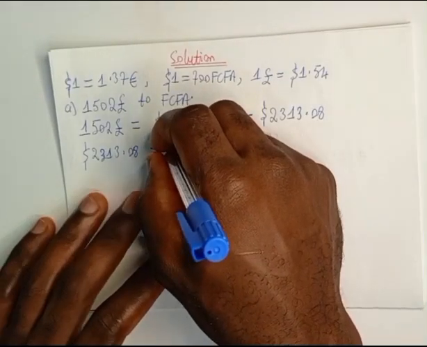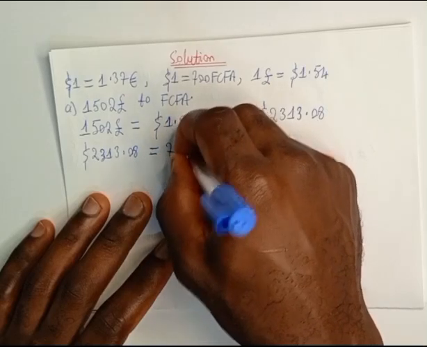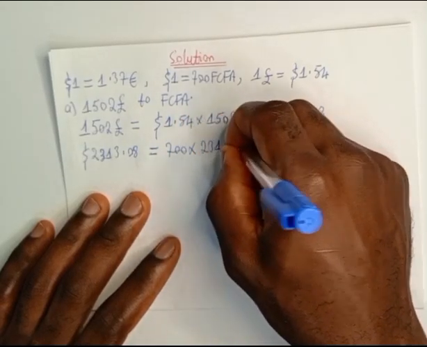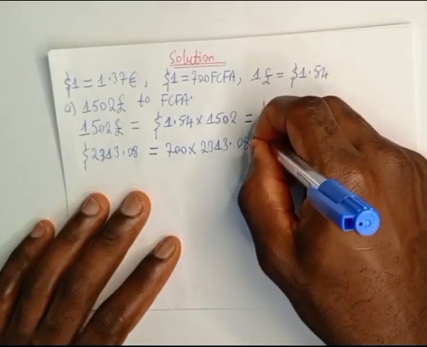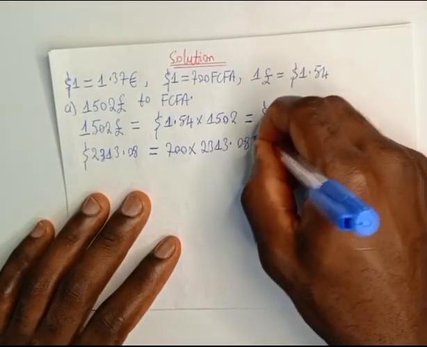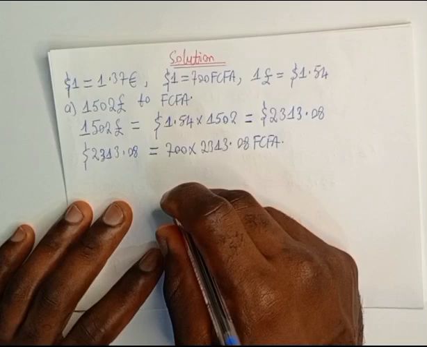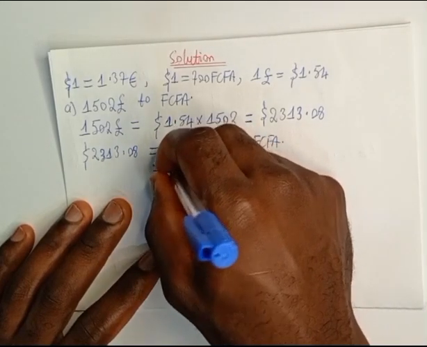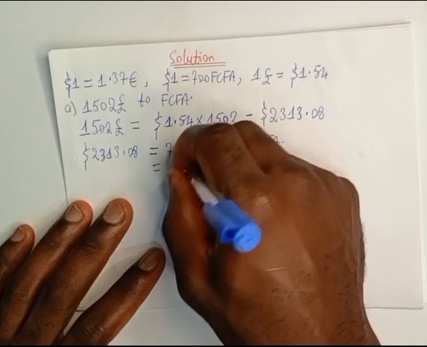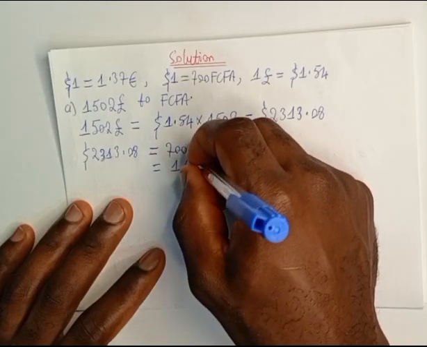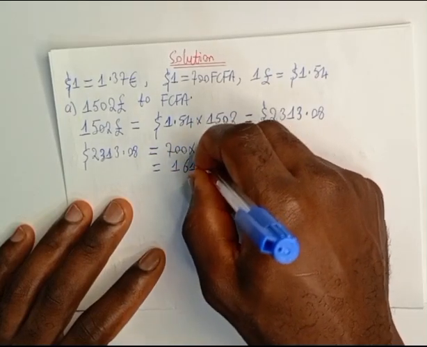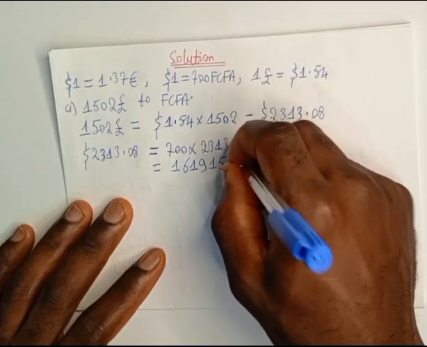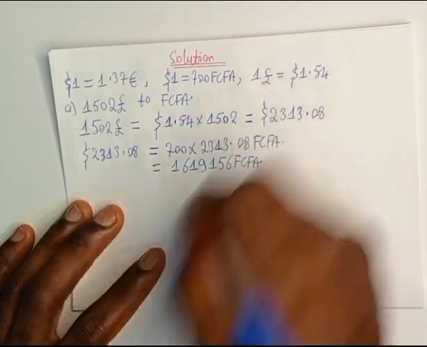Take 700 times the amount. And the currency will be francs CFA. Performing this multiplication, we are going to obtain a result of 1,619,156 francs CFA.